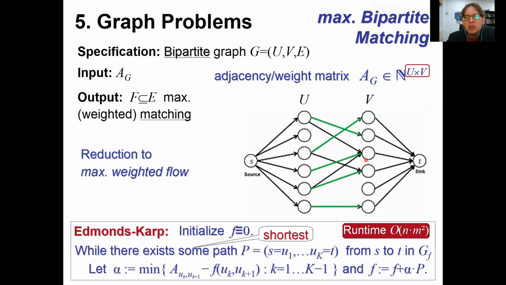Instead, it chooses one edge where this one unit of flow that came from the source leaves, passes through, and the same here.